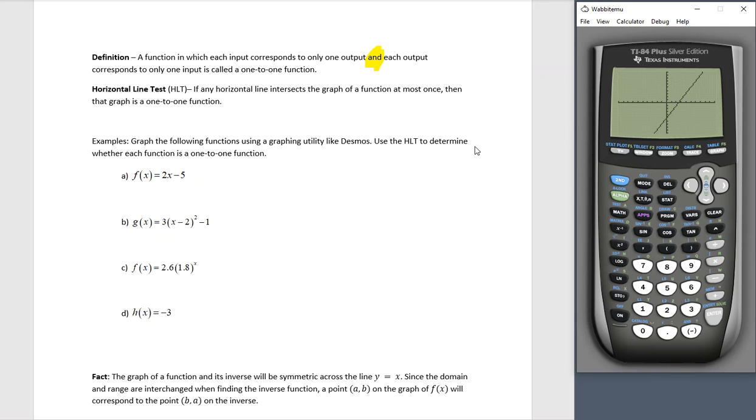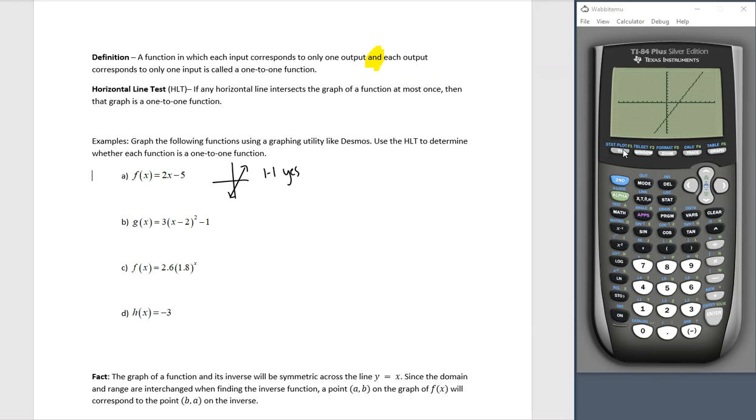So this function, f of x equals 2x minus 5, is one-to-one.